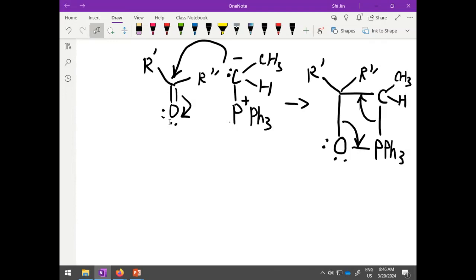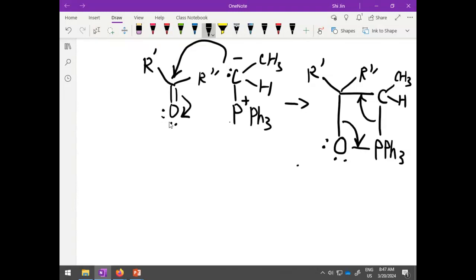Either way, because oxygen also is okay. But the key part is this entire reaction. What's the unique feature of the Wittig reaction is that phosphorus is highly oxyphilic. That's why its behavior is a little different from the other nucleophiles we have seen. So either way will be fine.